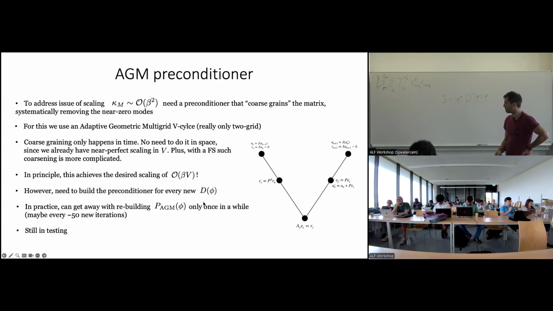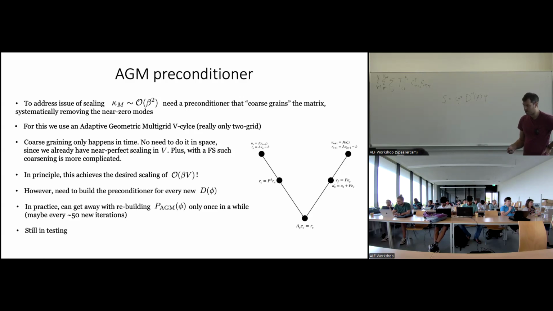However, there is a caveat, which is that building this preconditioner from scratch for every new configuration phi is expensive. And so that eats up a huge overhead. But in practice, what you can get away with is that, as phi is being changed from Markov chain configuration to Markov chain configuration, you don't need to rebuild this preconditioner from scratch for every new phi.